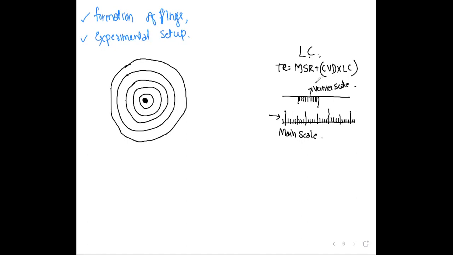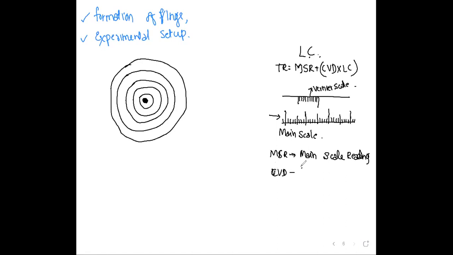Do you remember the vernier scale and main scale? So MSR means main scale reading. And VSR or CVD.